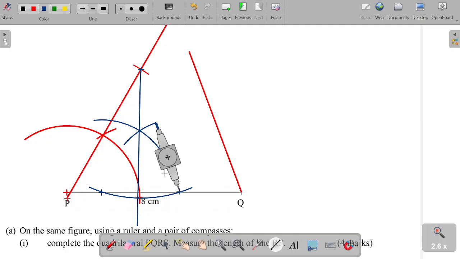So what happens is, again, we are going to construct a perpendicular bisector at this point anywhere here. Maybe even I can opt, let me construct it here. And to distinguish, I'm going to use a green ink.